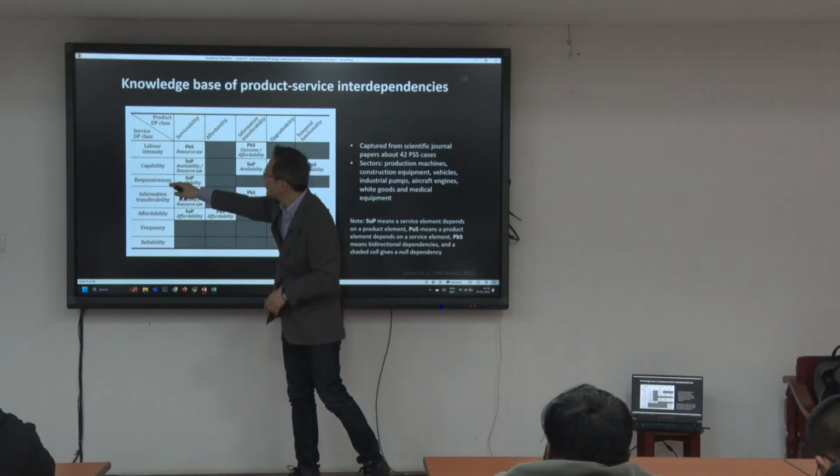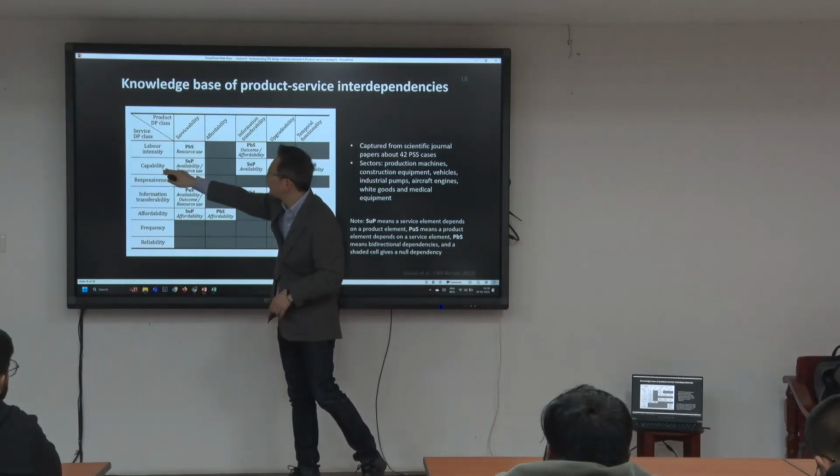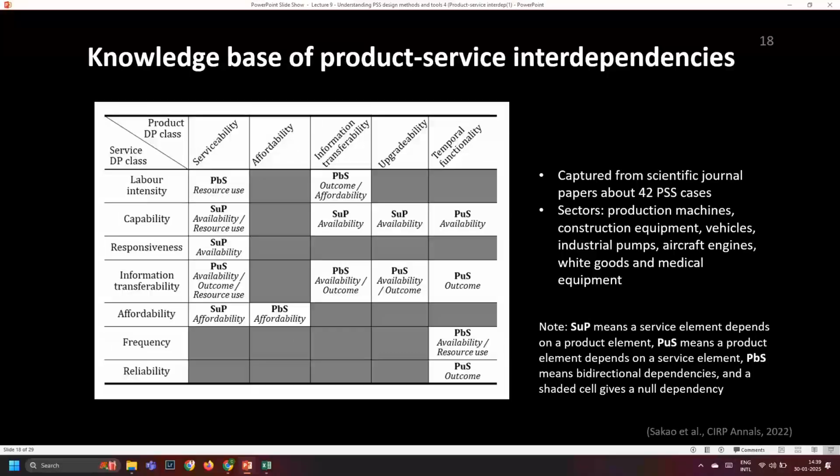For example, responsiveness, service technician capability, labor intensity, frequency, and so on. And for the product design parameter classes, here recommended are serviceability, affordability, information transferability, upgradability, and temporal functionality.